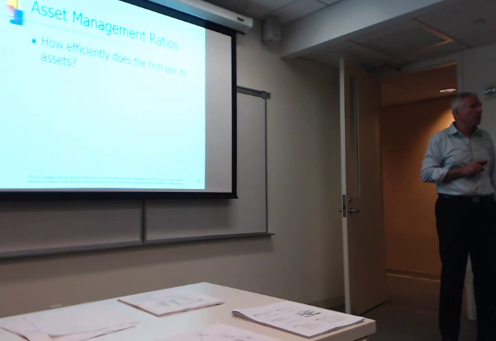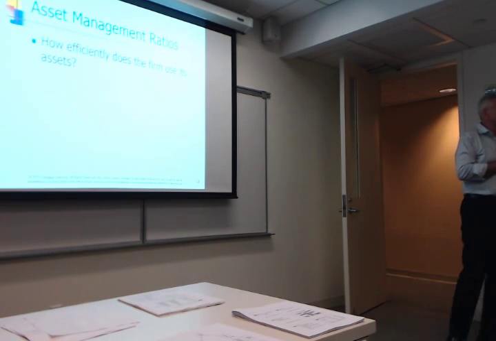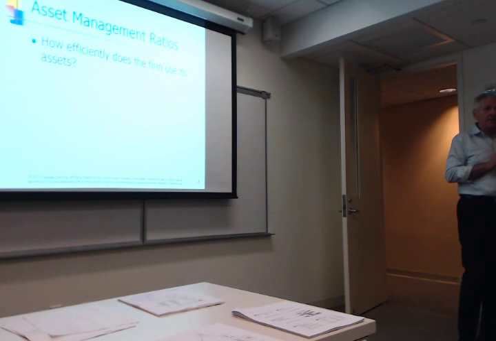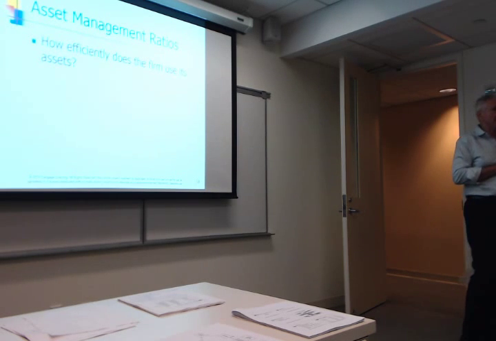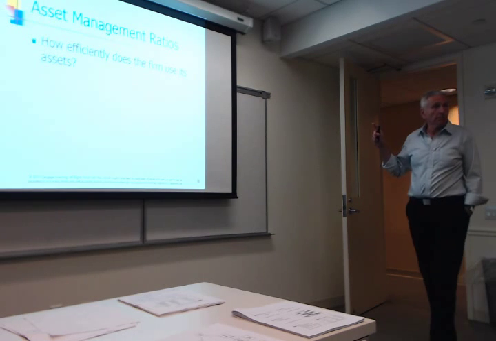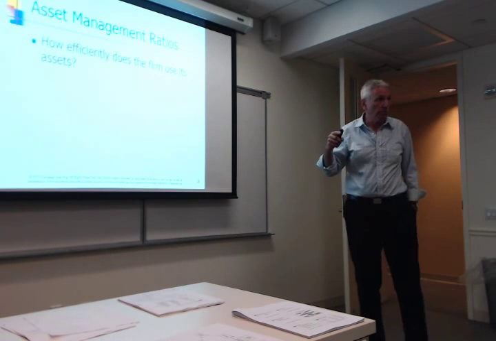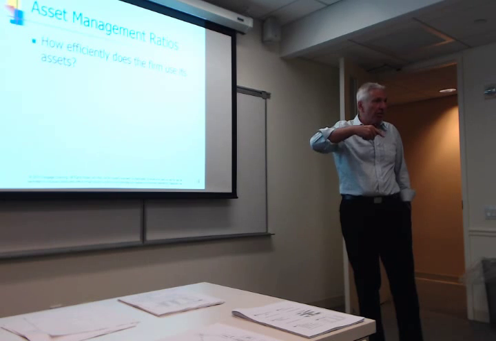The number of people here work in human resources. What's the key asset? Employees. They're not on the balance sheet, but oftentimes they can be the key determinant of the success of the company.